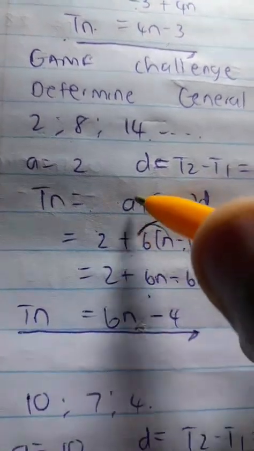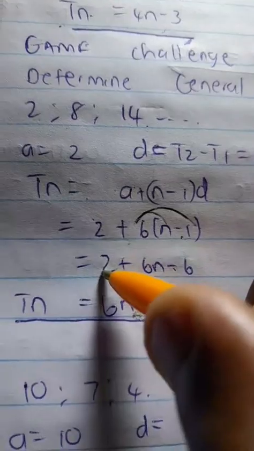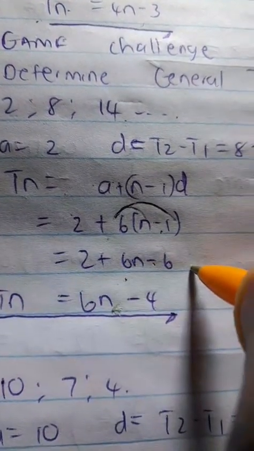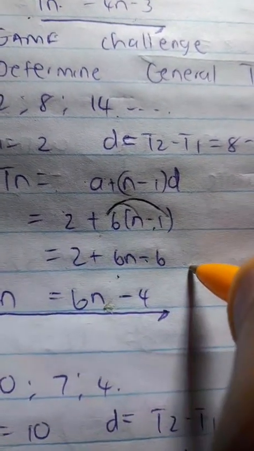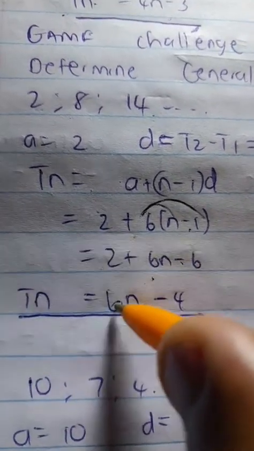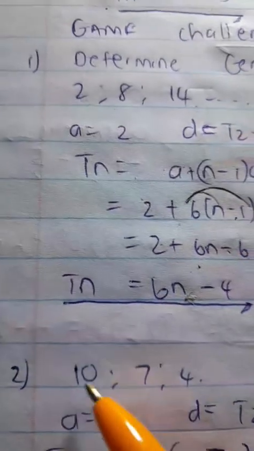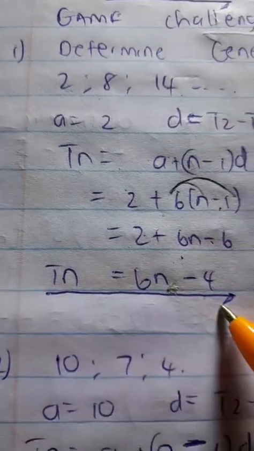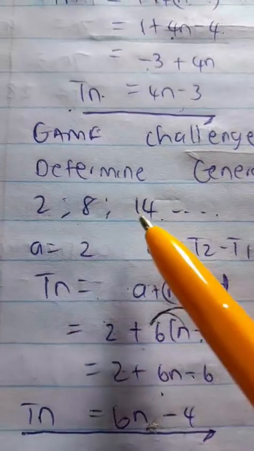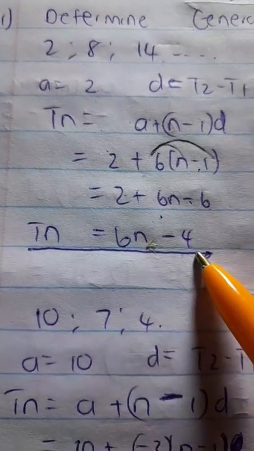Then the 2, which is A, is written, and we have how many terms? 3 terms. 2 plus 6n minus 6. We add the like terms, so that gives 6n, and then 2 minus 6 gives us negative 4. So the nth term, or the general term, for 2, 8, 14 is Tn is equal to 6n minus 4.